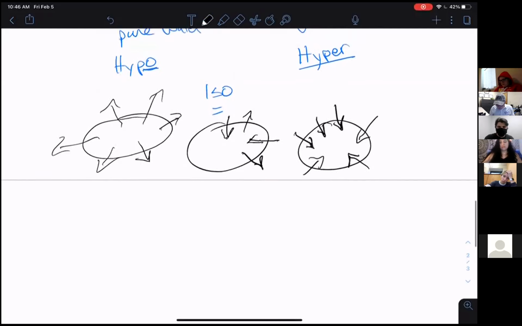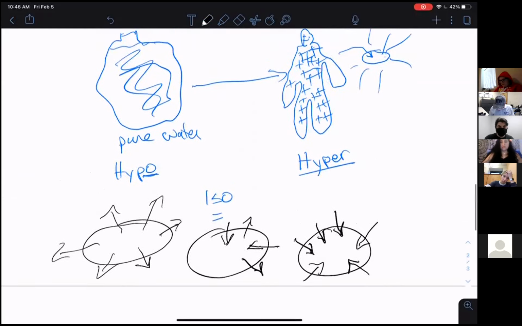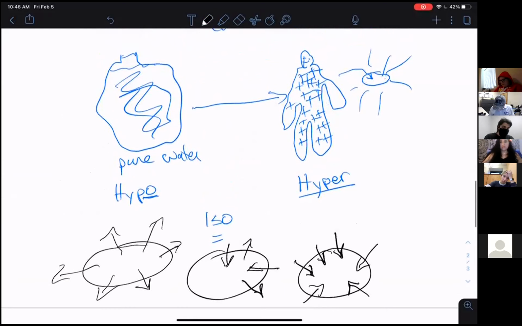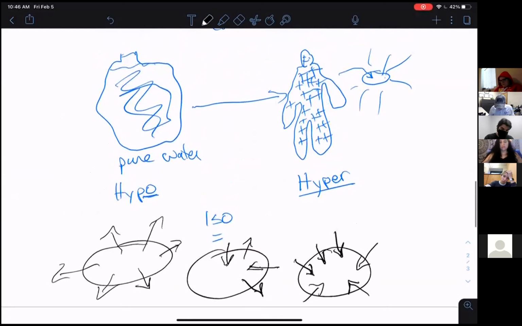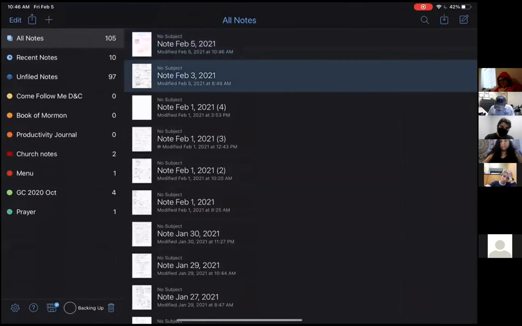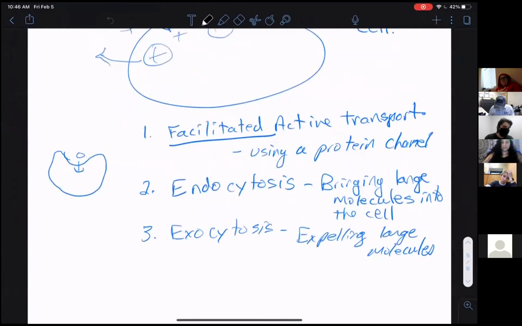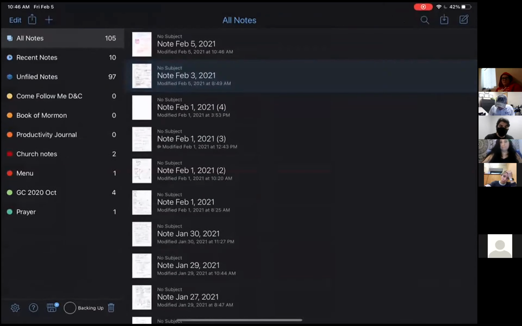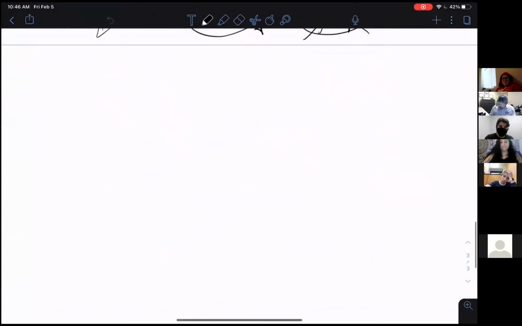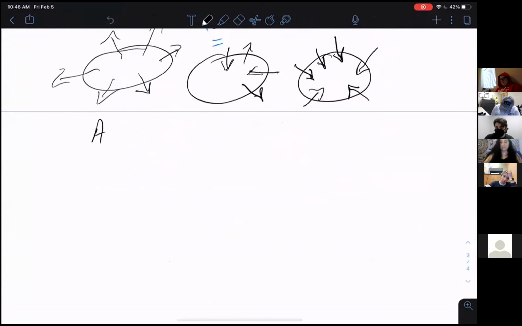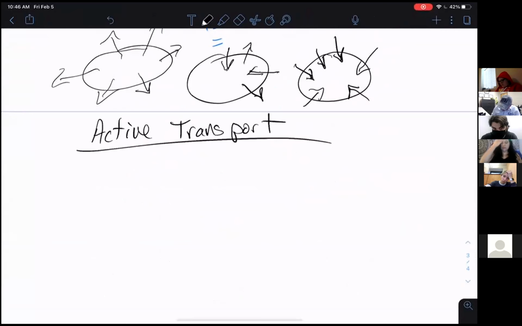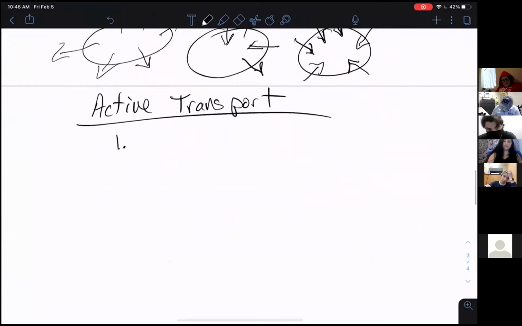We've got 4 minutes left in class. What else? Is there anything else I need to cover? Let me quickly check another set of notes. Oh, active transport. I've got to really quickly cover active transport. There is active facilitated transport.